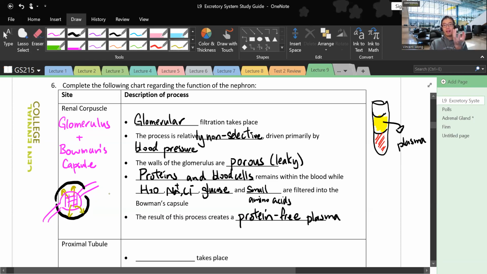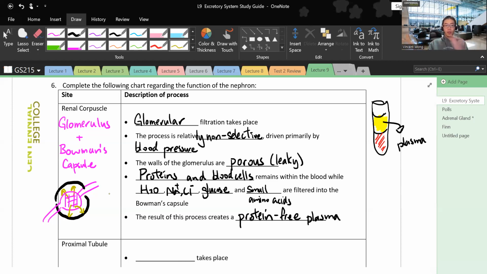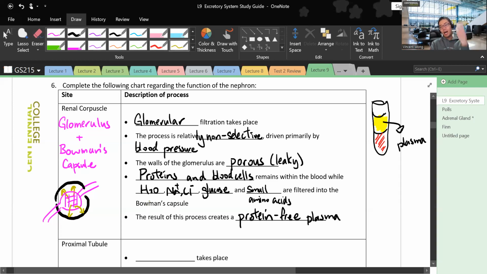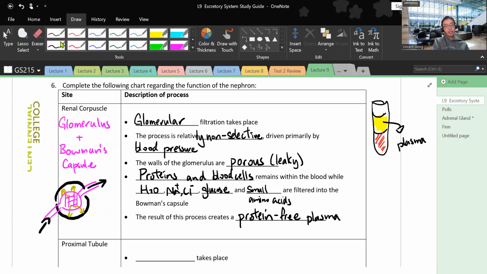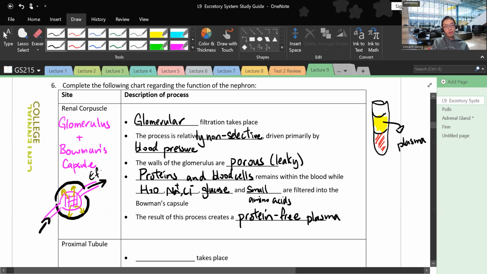Then you will be left with a sluggish chunk of blood cells and proteins, right? And it wouldn't be able to move, right? Okay. So not everything comes out, but a high percentage of it, right? So some of the water comes out, and then whatever is not filtered will leave from the efferent arteriole.